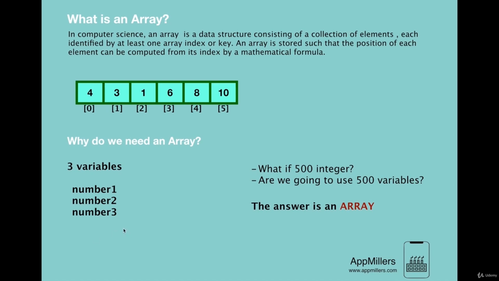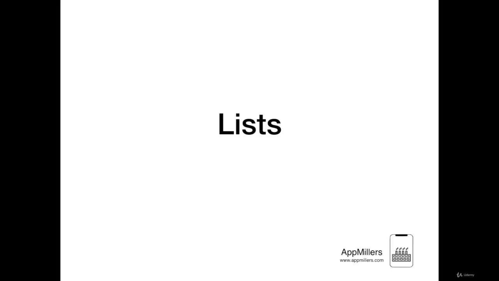So instead of declaring 500 variables, we just need to declare an array of type integer and keep these values inside the array. Then later on, by using indexes of the array, we can access these values easily. And that's it. Hopefully, with this lecture, you have understood what an array is and why it's essential in programming.